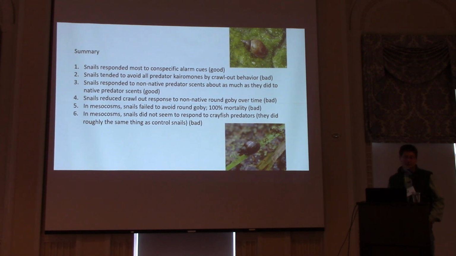Again, you might consider this bad if your predator is a pelagic predator. They responded to non-native predator scents as much as they did to native predator scents, at least in terms of the crayfish. That would be good. But they reduced their response to round gobies fairly rapidly. Within 30 minutes, they stopped avoiding goby scent.